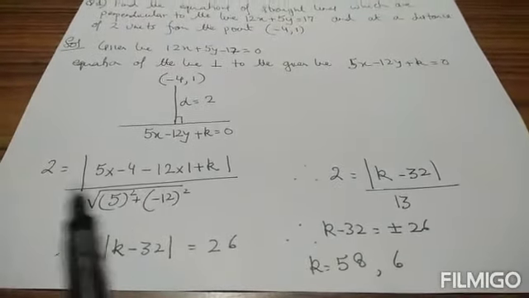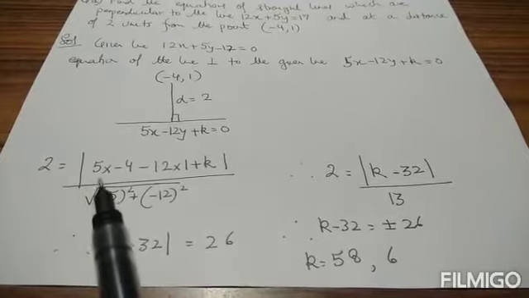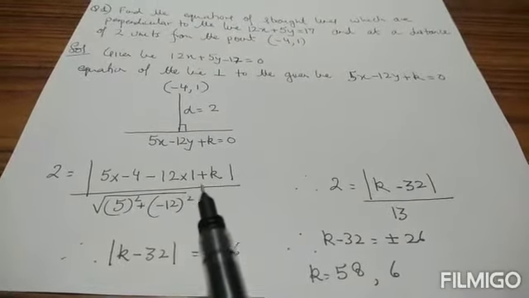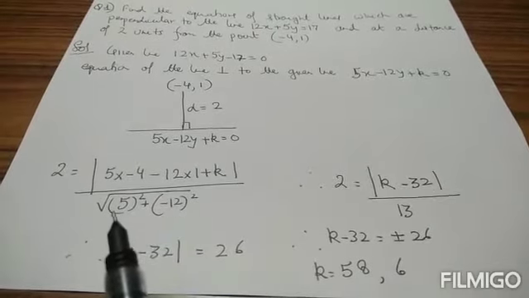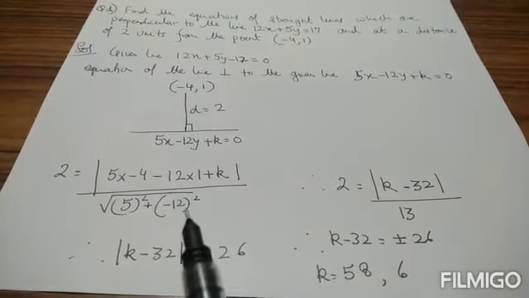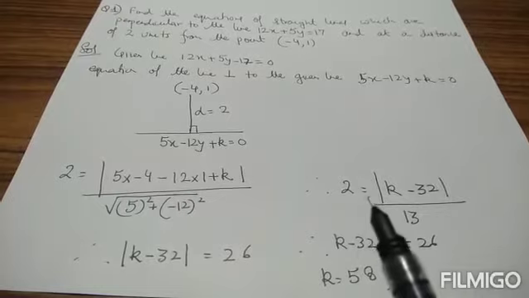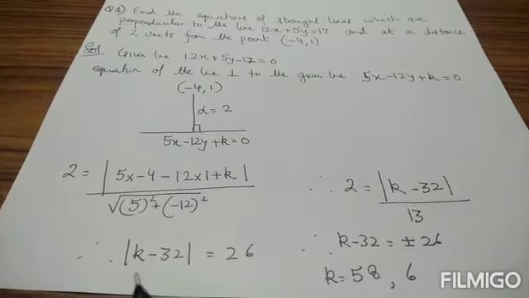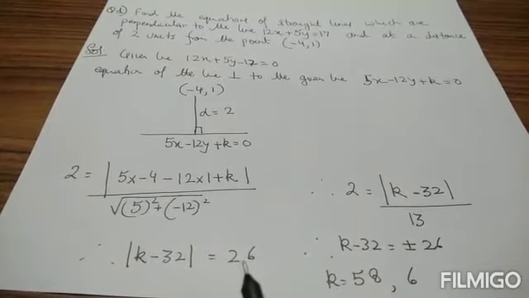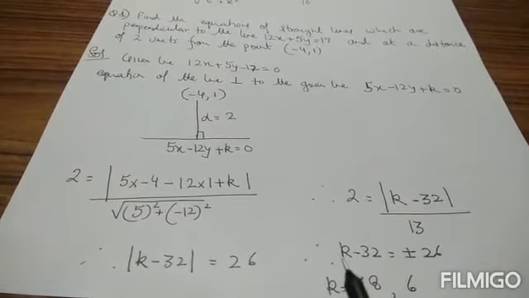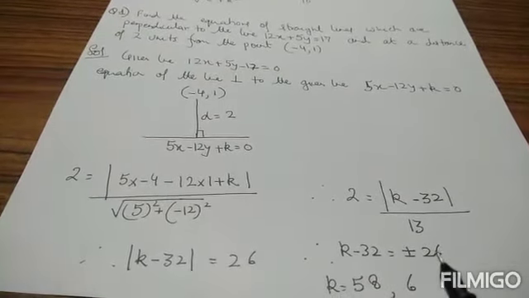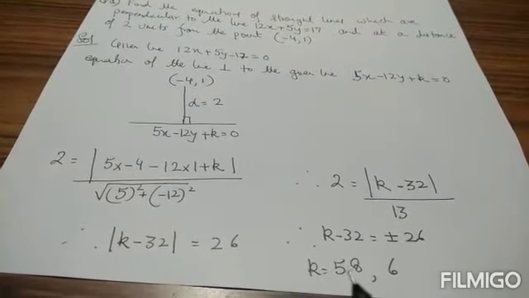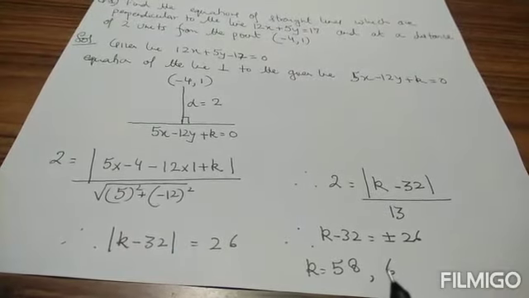So 2 is equal to modulus of 5 into -4 - 12 into 1 + k upon under root 5 square plus (-12) whole square. So 2 is equal to modulus of k - 32 upon 13, or modulus of k - 32 is equal to 26, or k - 32 is equal to plus or minus 26, which gives k = 58 and k = 6.